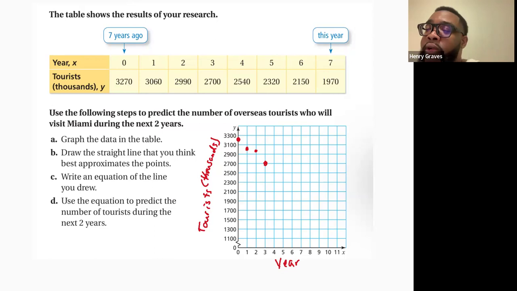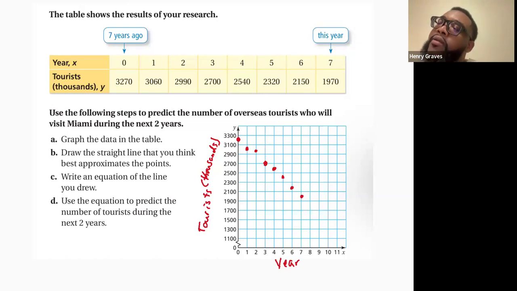Five is going to be at 2320. Six is going to be at 2150. And seven is going to be at 1970. And I kind of connect them the best I can.